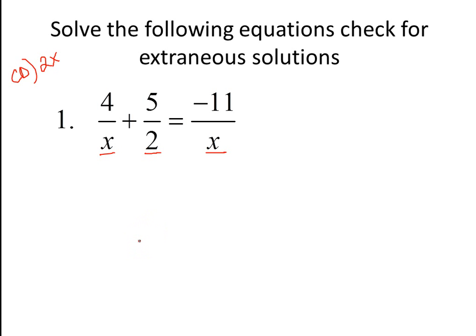Now, when we were adding and subtracting, we would go through and multiply to manipulate a specific fraction. So I would be multiplying this fraction by 2 on top and 2 on bottom. That would be to manipulate the fraction. What we're going to do today is to actually multiply every fraction by that denominator of 2x.